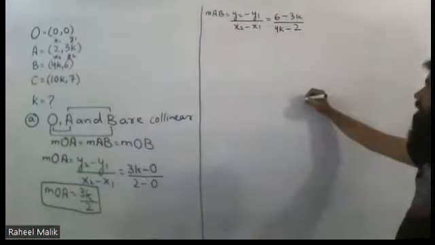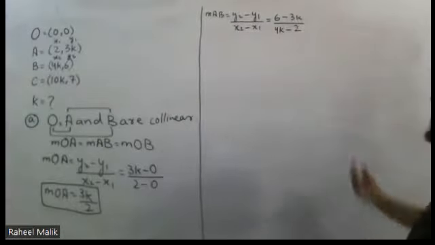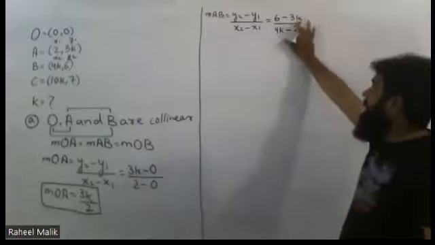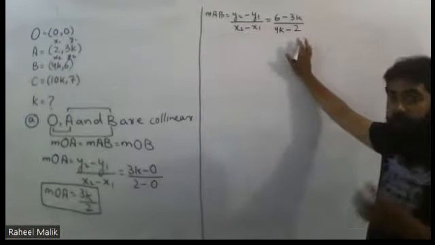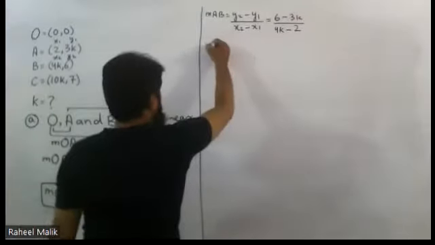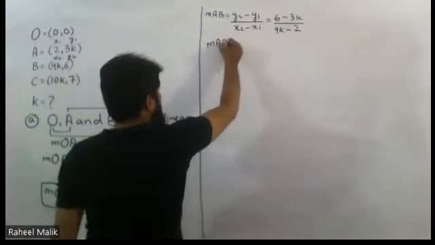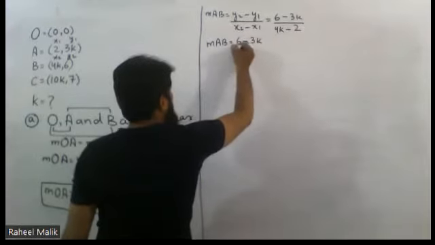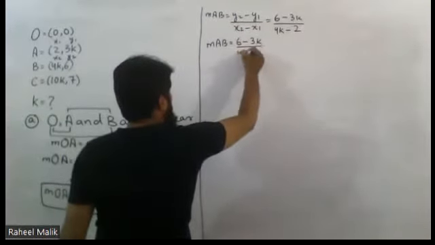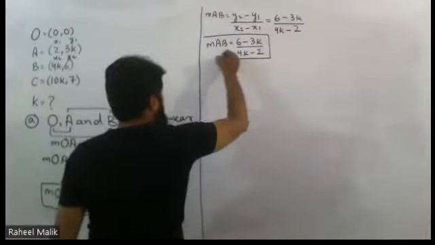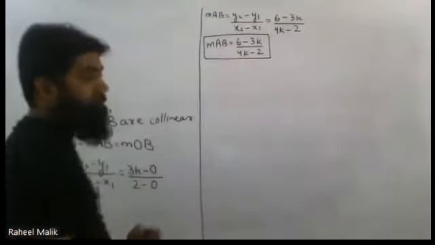I can't simplify it further, and taking 3 common will not make any difference, so I'm just leaving it. The gradient of AB is (6 minus 3k) over (4k minus 2).